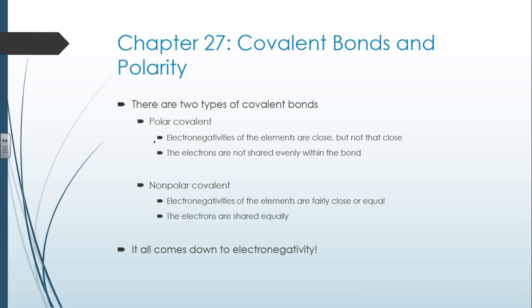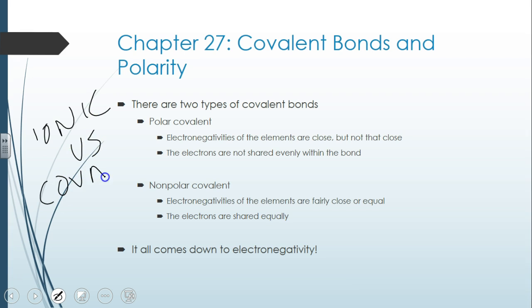And so what this all comes down to, again, is the type of bond, whether it's ionic or covalent. When we have two different types of covalent bonds, the choice is made by electronegativities.